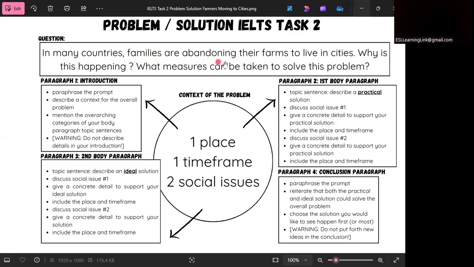And then instead of using the word abandoning, you can say are leaving. Families are leaving their farms. And if you don't want to say farms, you can say rural areas and to live in cities.